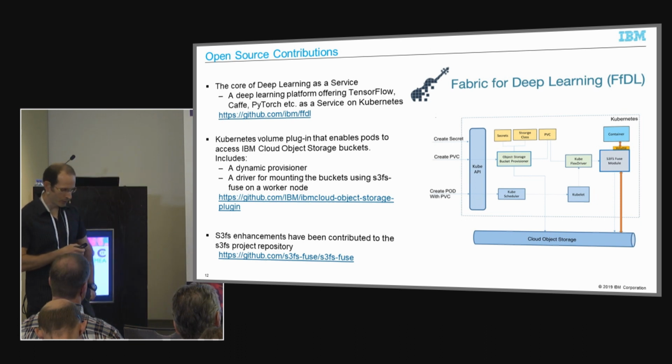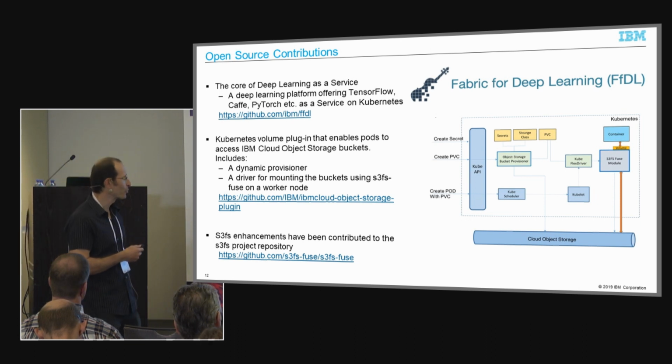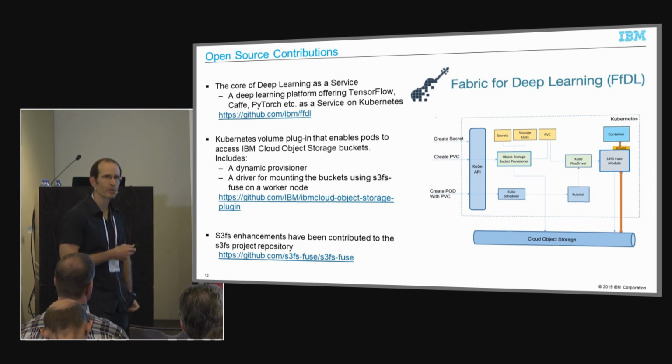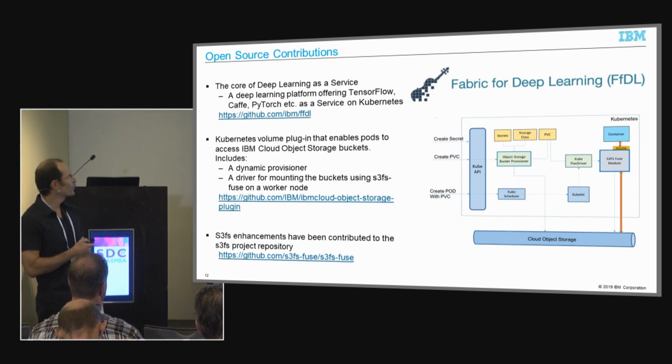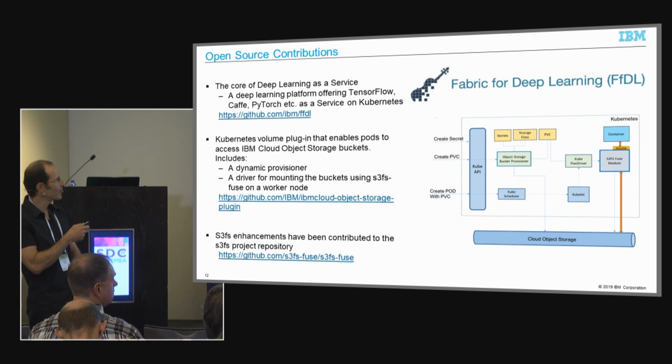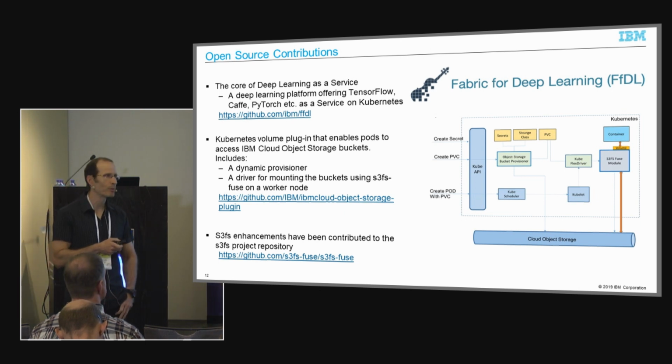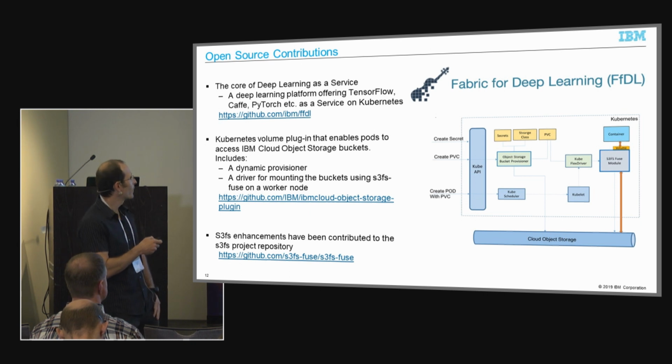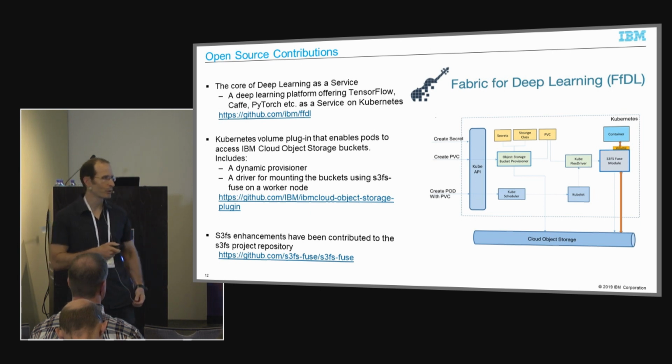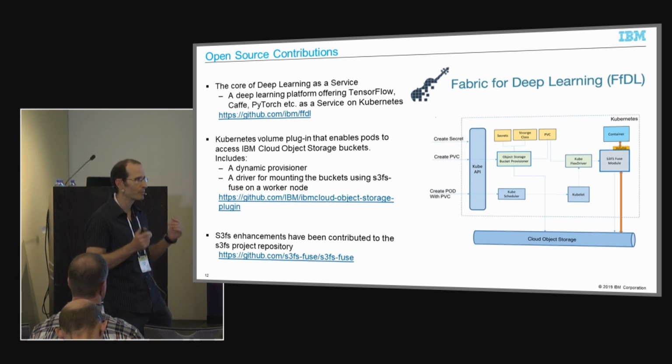We contributed all of our changes into open source, into 3 different projects actually. The first one is you can actually get all the source code that's running IBM Deep Learning as a Service from GitHub. It's called Fabric for Deep Learning. So you can actually take the same code that we're running today and bring up your own service internally on-prem for running machine learning workloads.